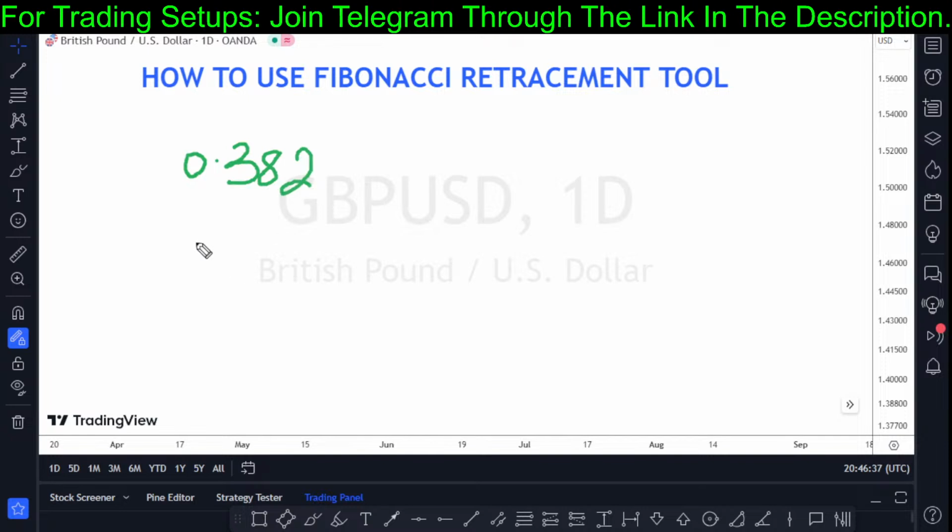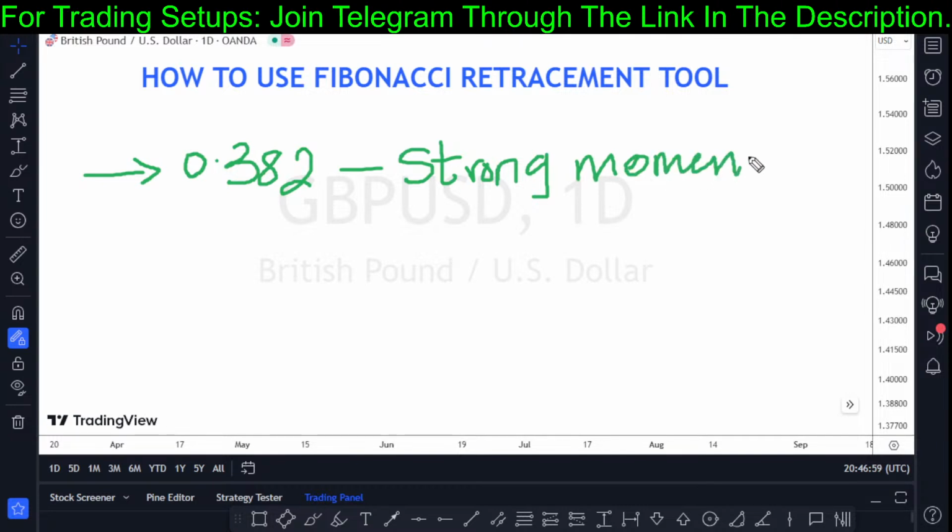This level is important if the market is in a strong bull trend, a strong momentum trend. The 0.382 is useful when the market is in a strong momentum rally.